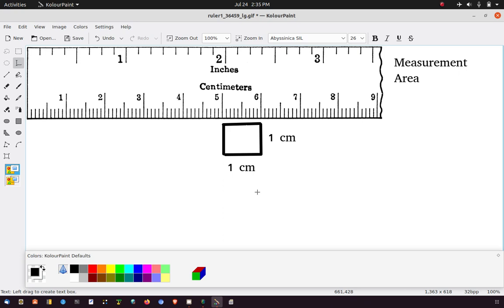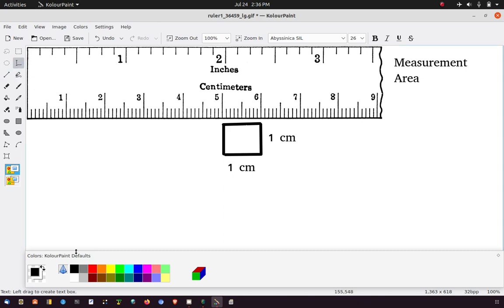Now to find the area, you say 1 centimeter multiplied by 1 centimeter. And that gives you 1 centimeter squared, 1 square centimeter.